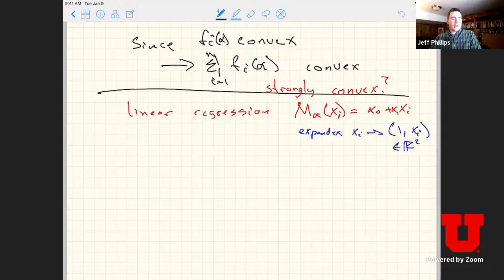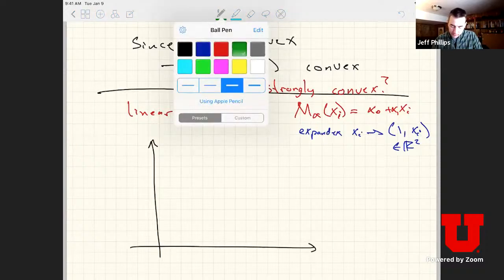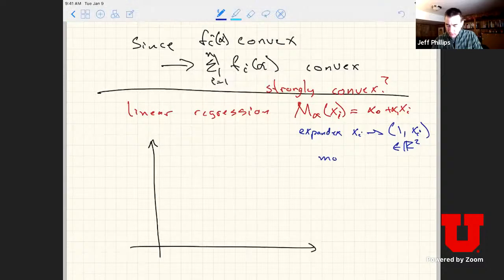So I somehow want to draw a picture of this. Let me try and draw a picture in parameter space. This means my model f alpha is going to be alpha 0, alpha 1. It's just 2 dimensions. So I'm going to put alpha 0 on the x-axis and alpha 1 on the y-axis.